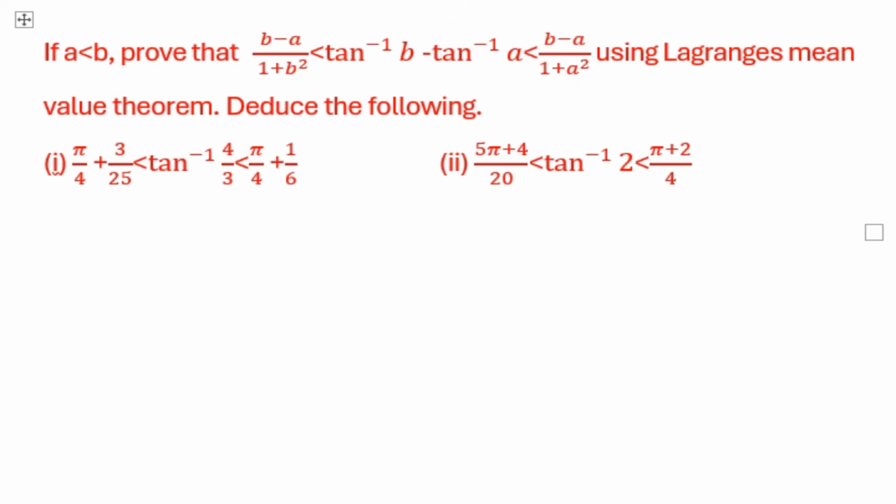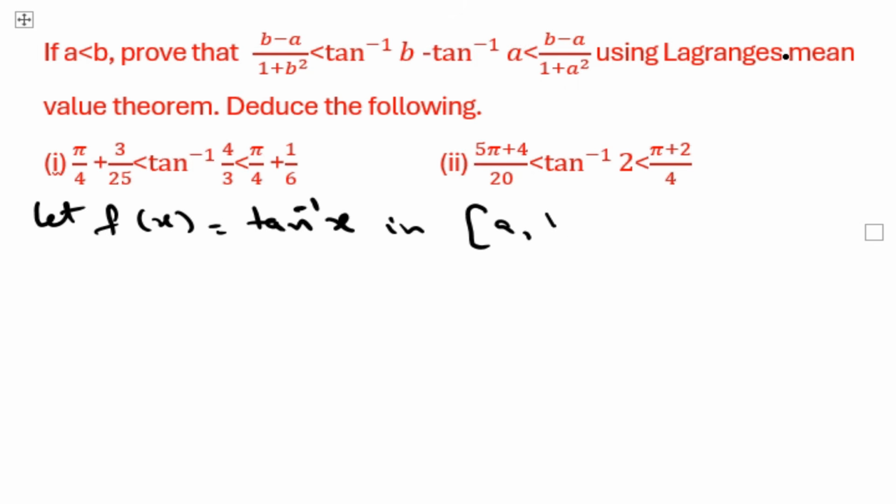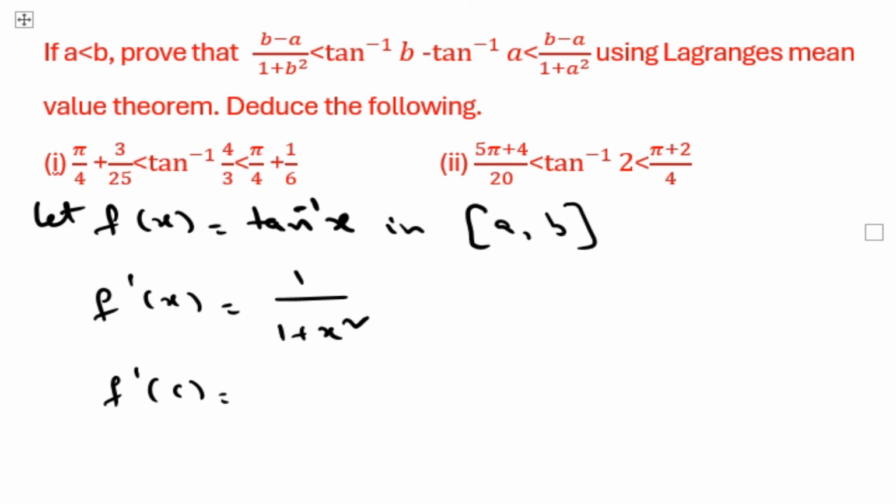Now let f of x equal tan inverse of x in (a, b). Therefore, f dash of x is equal to 1 by 1 plus x square. F dash of c is equal to 1 by 1 plus c square.